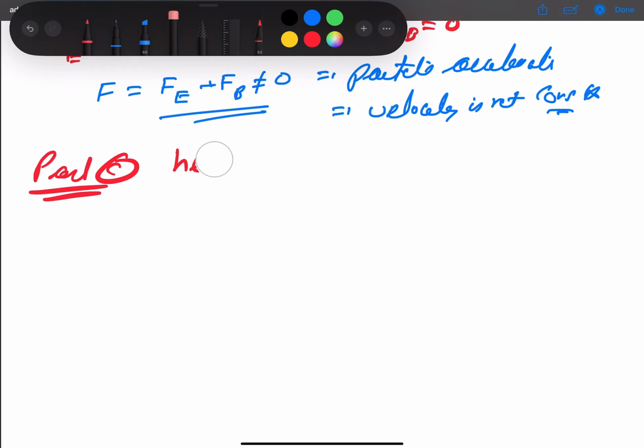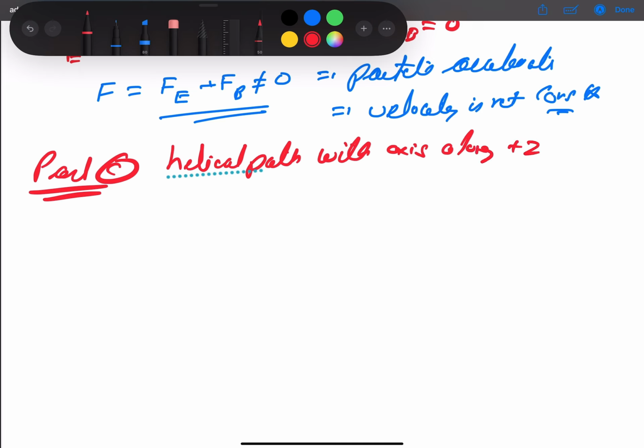For a helical path, specifically along the positive z axis, it is required that the velocity component parallel to z should remain constant, that there should be no acceleration, and the magnetic field component along z should cause a circular motion in the xy plane due to the velocity component perpendicular to z.